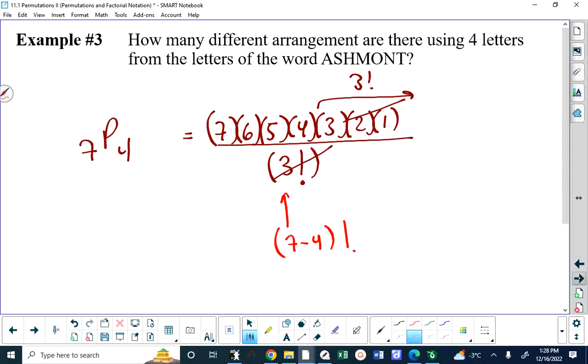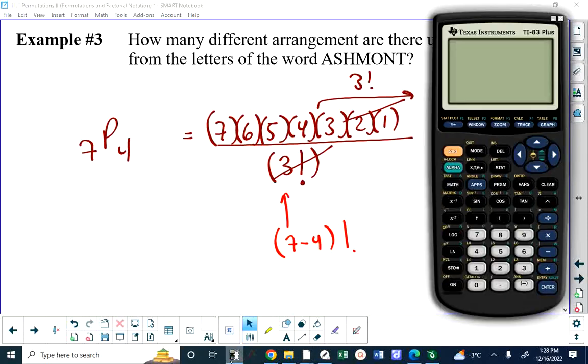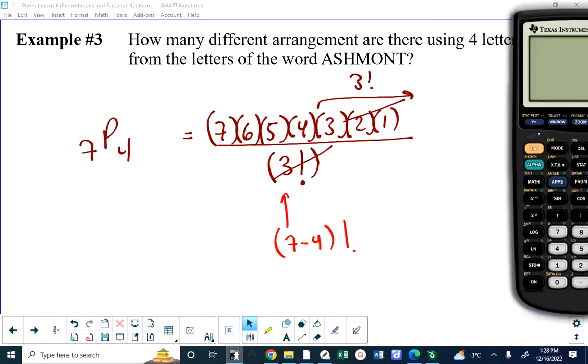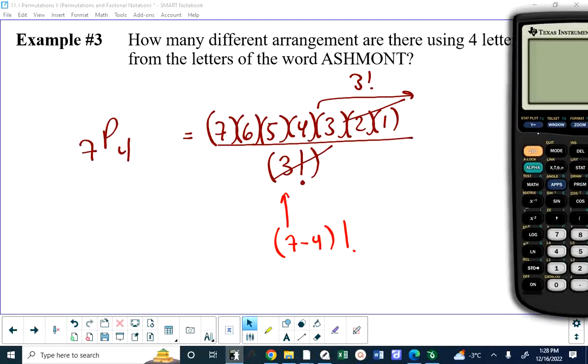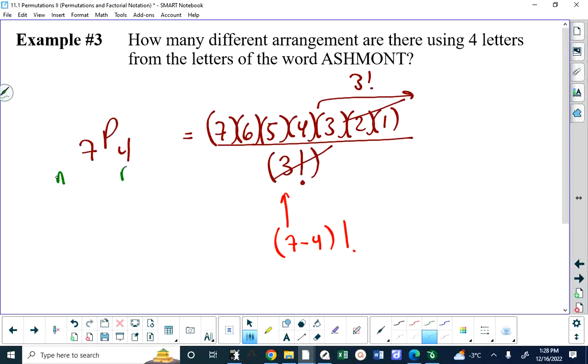That's the formula. But we don't have to do that. And I'm sorry, I really should have pointed that out. This is n, this is r, so n factorial over n minus r factorial will be 7 factorial over 7 minus 4 factorial. Okay. But we don't have to do it that way.